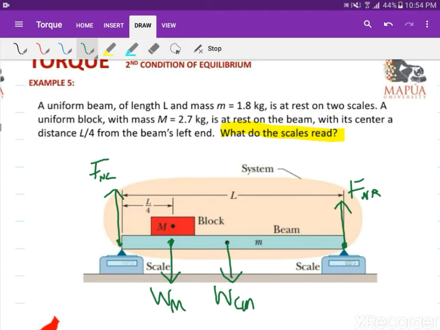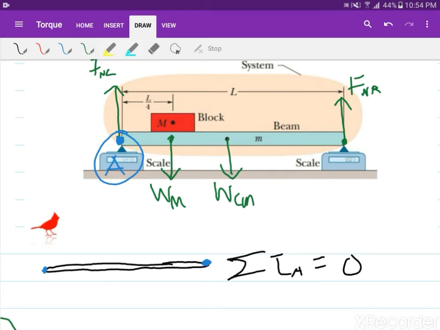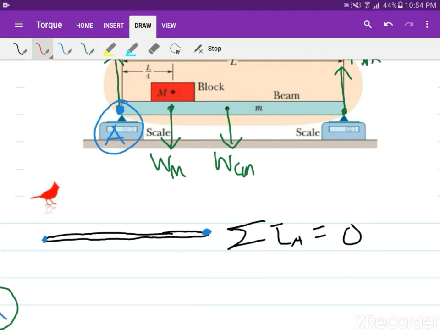So next, we choose a pivot. Say we first choose to pivot on A. Let's say this is pivot A. Okay, so let's redraw the forces. We have F N R here.